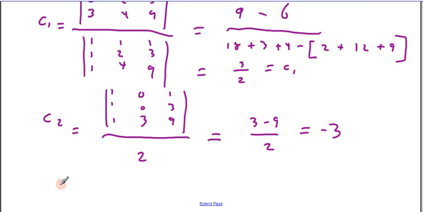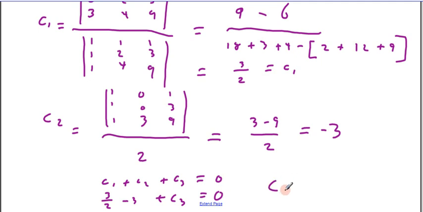And if I know C1 and C2, I better be able to find C3, right? So C1 plus C2 plus C3 has to be 0. So if I have 3 over 2 minus 3 plus C3 is 0, then C3 had better be 3 over 2. Okay?